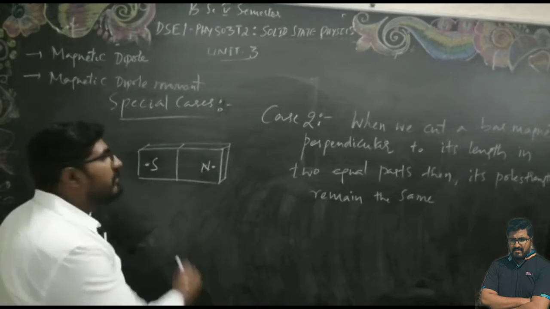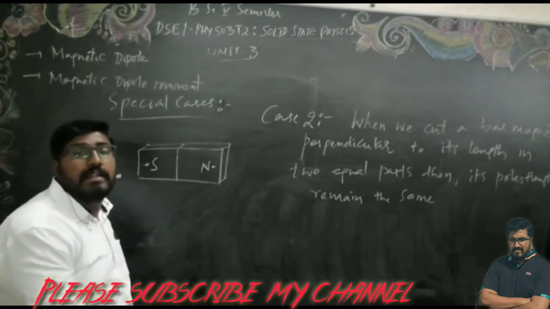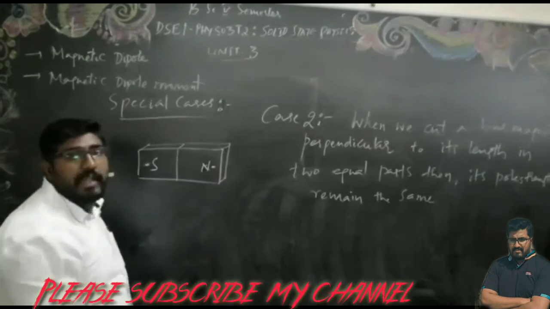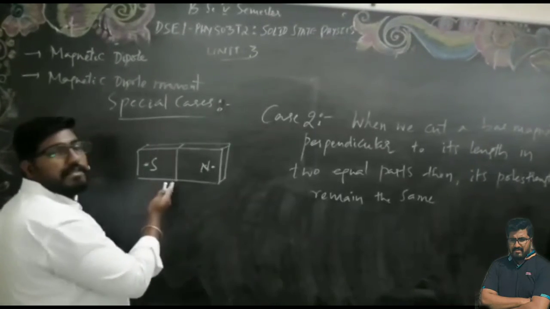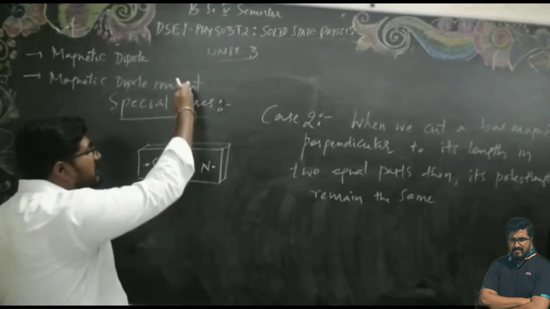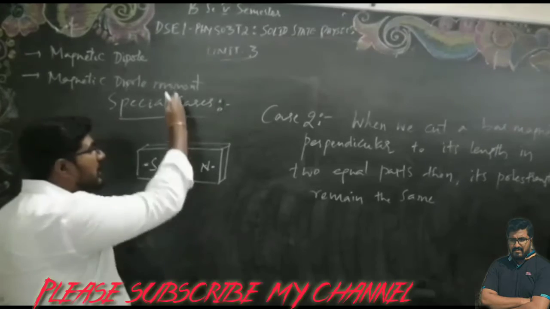In the first case, we cut horizontally, and the pole strength became half. But now in case 2, I cut this bar magnet perpendicular to the length, that means I am cutting the bar magnet like this.